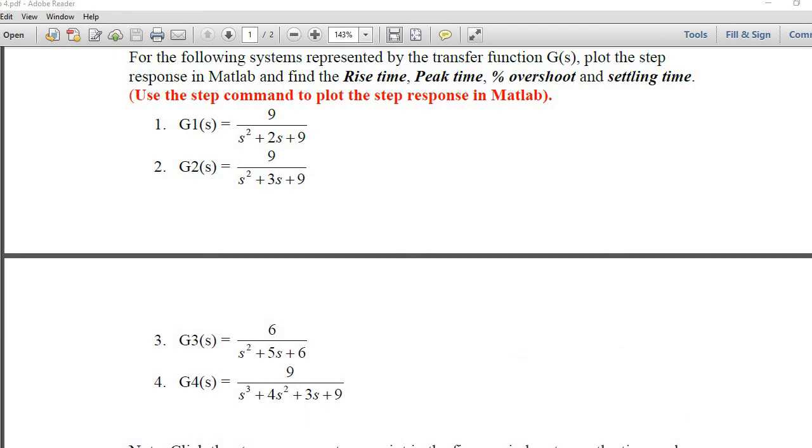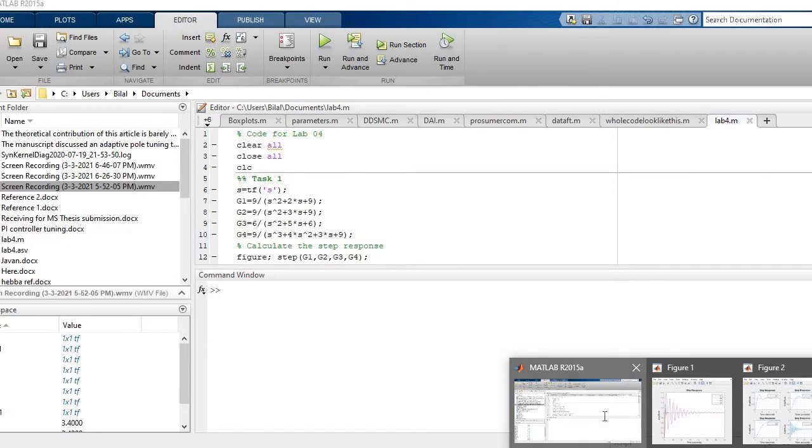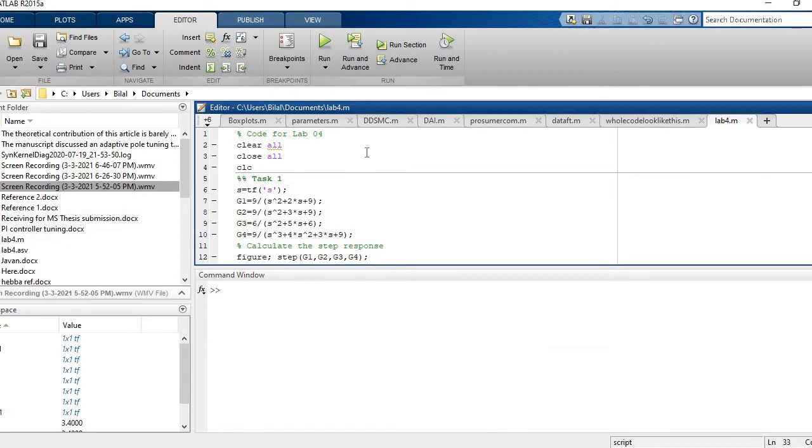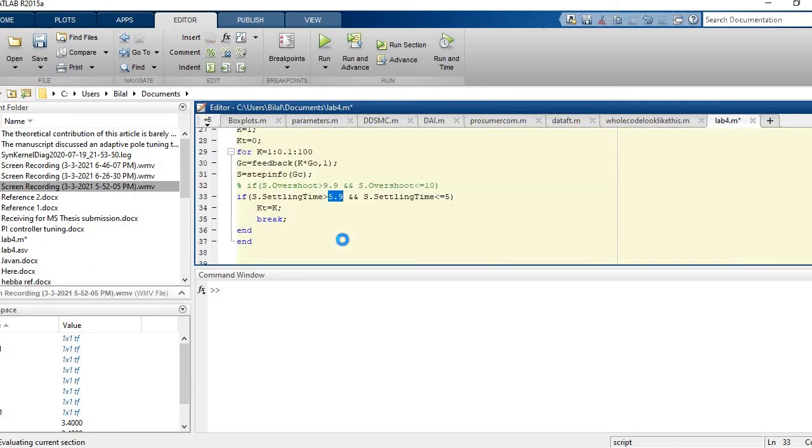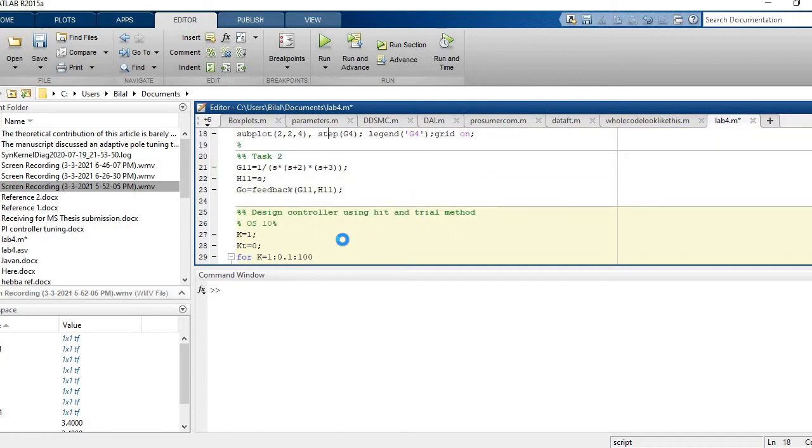What you have to do is just define s. After that you put the values for G1, G2, G3, as I did here. Now I just wrote the 4 values.